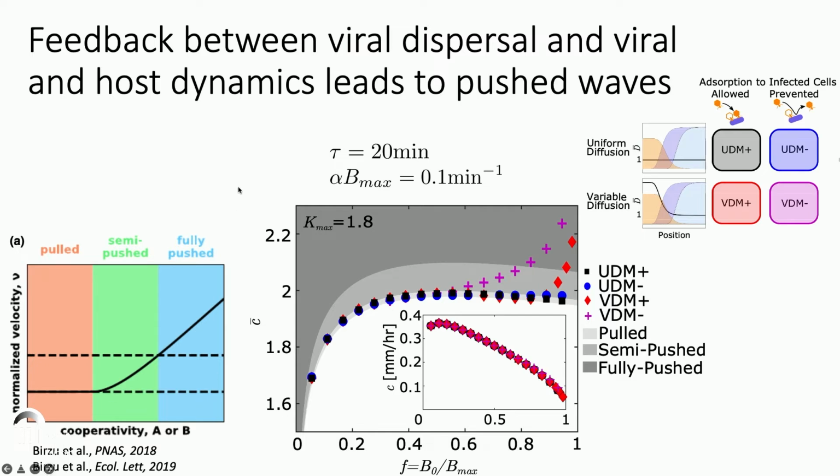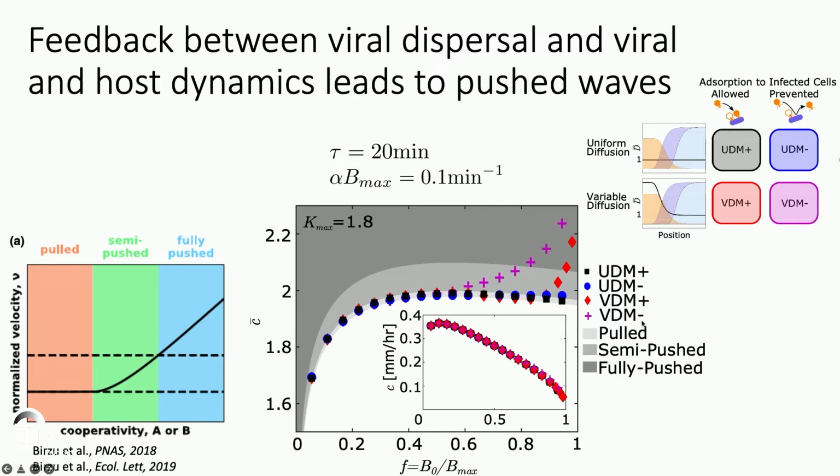So that's what Michael did here. This is a plot for a specific set of parameters that correspond to phage T7. So we have a lysis time of around 20 minutes, an absorption rate by bacterial density that is around 0.1 phage per minute.